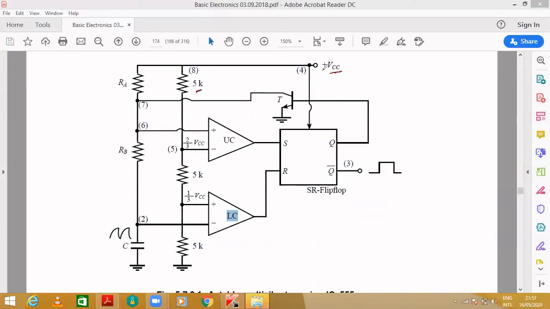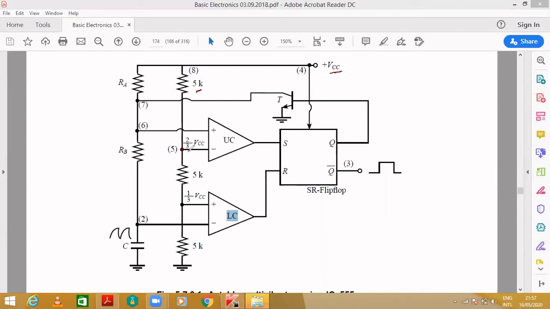When the plus VCC comes across the 5 kilo ohm resistance, some voltage will be dropped across the first 5 kilo ohm. With three resistances, only some amount will be dropped and the remaining will be passed on. Out of 3, 2 by 3 of VCC will be at this point. That's why it is mentioned as 2 by 3 VCC.